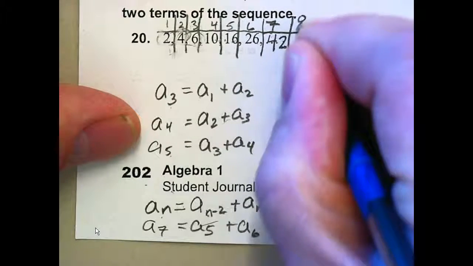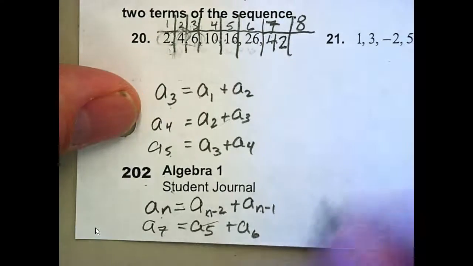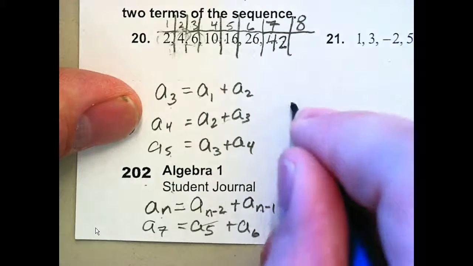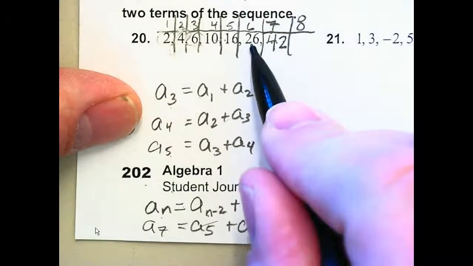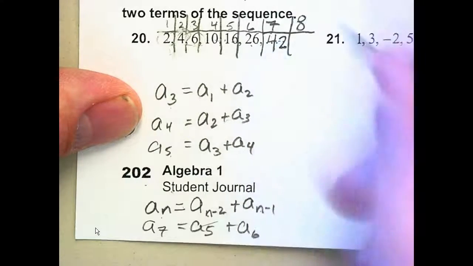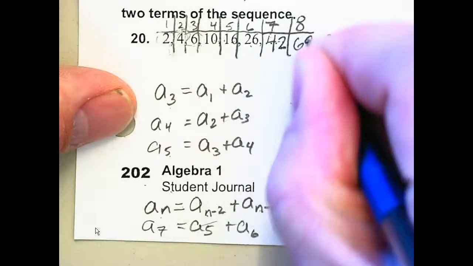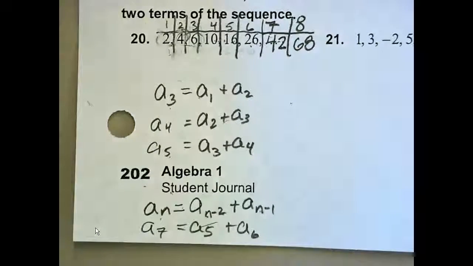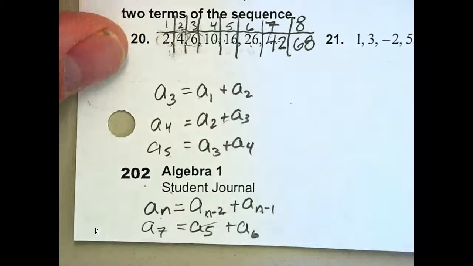Well done. Okay? And if I wanted a sub 8, I would have to add the 6th plus the 7th to get 78. Okay? Any questions there?